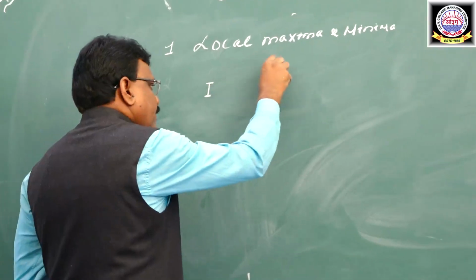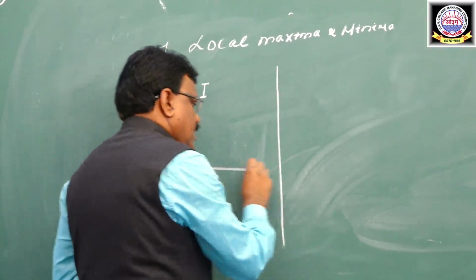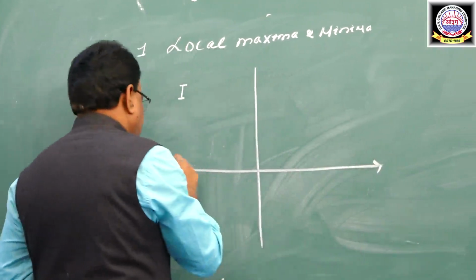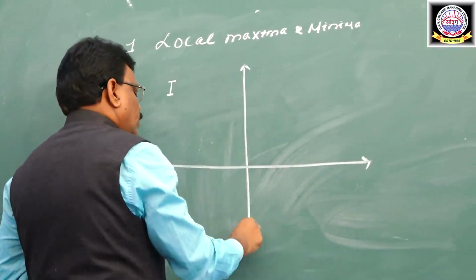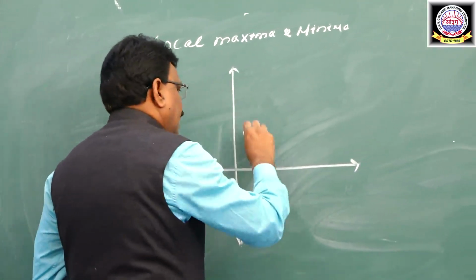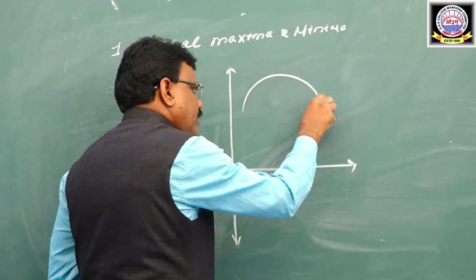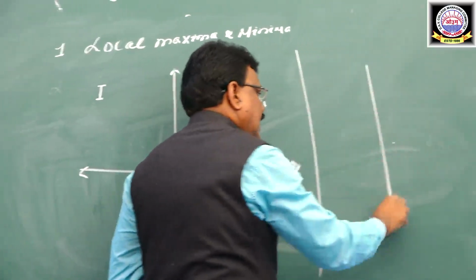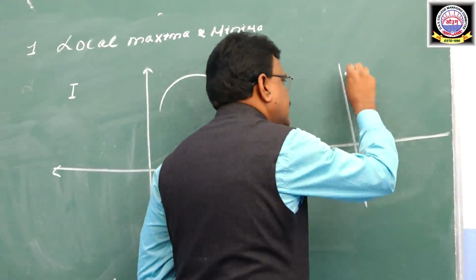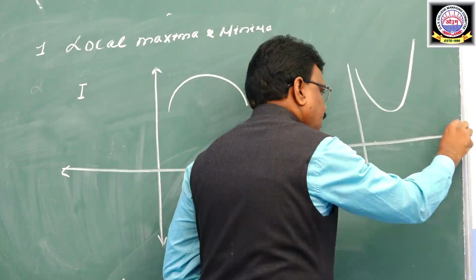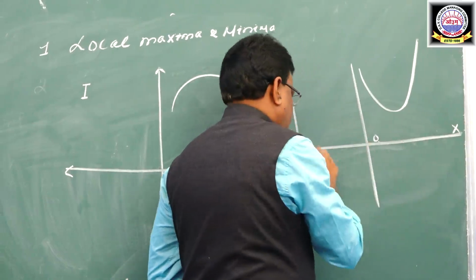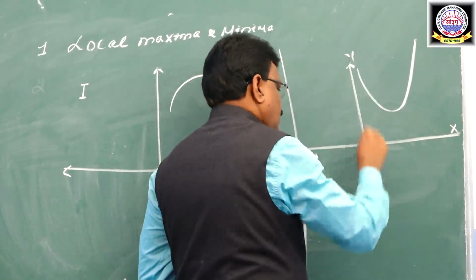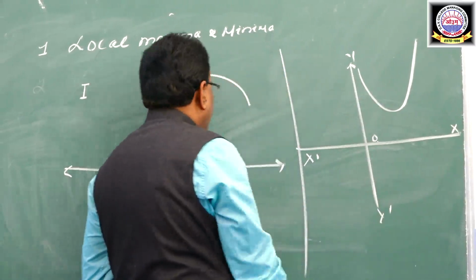The first graph you just see, and again you realize, and then we will conclude. Look here, I am drawing the graph of a function, and I am taking another graph, say this is the graph of a function, x'ox, y'oy.